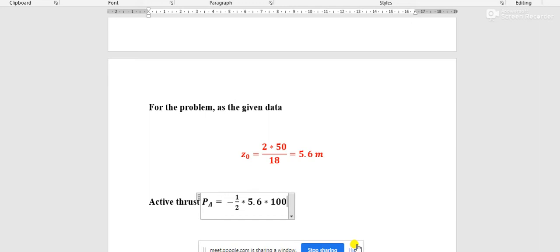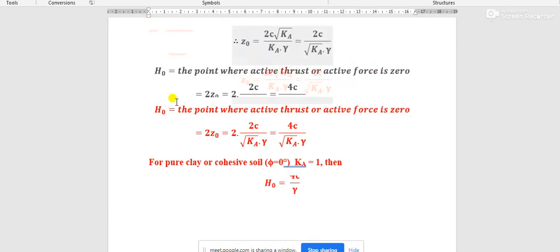Now coming to the positive part of pressure, and that is similar. Half multiplied by the rest part of the wall, which is the height of this triangle, that is 6 minus 5.6, multiplied by the base, which is 8.